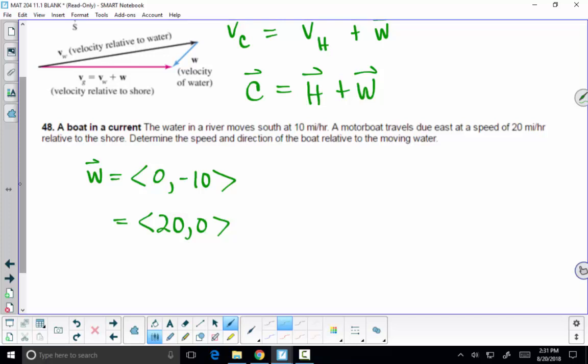You could also, and this is where I have a little bit of a difficult time with the way they word things, couldn't you also say that it's traveling due east? Couldn't that also mean that when they look at the instrument panel, it's saying east? And so that's actually the heading, right? You could interpret it either way very easily.